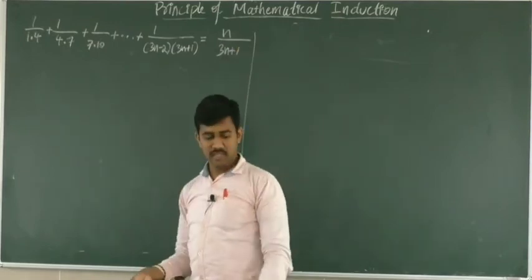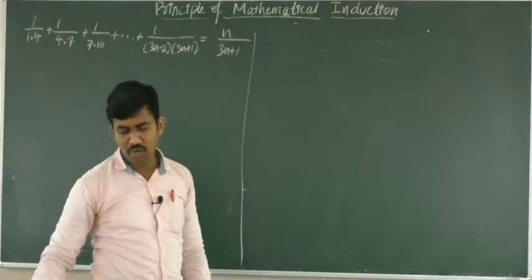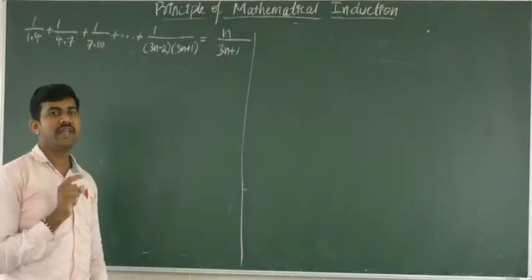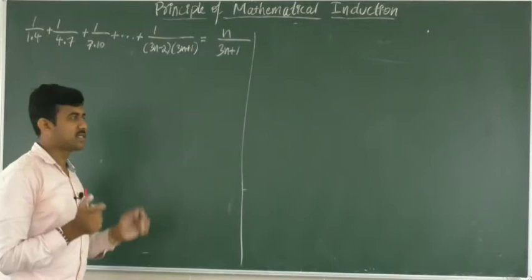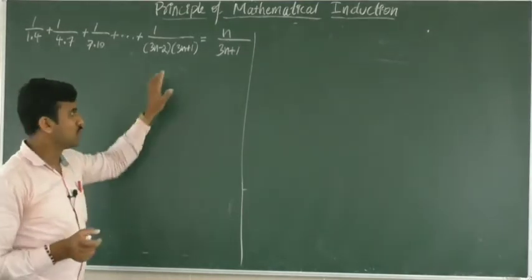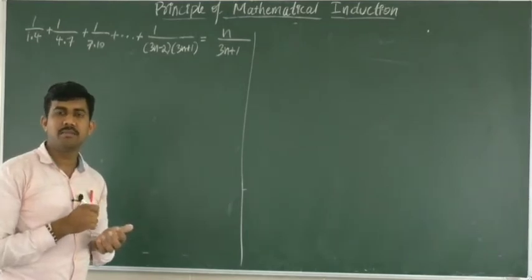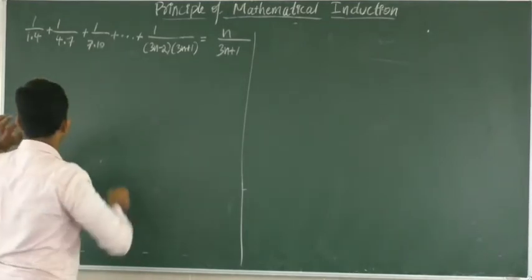This is the given statement. Now how to solve this statement? Again, you have to consider the given statement as P of n, and you have to do the steps. So do it together with me. Take a pen and paper and write together with me.